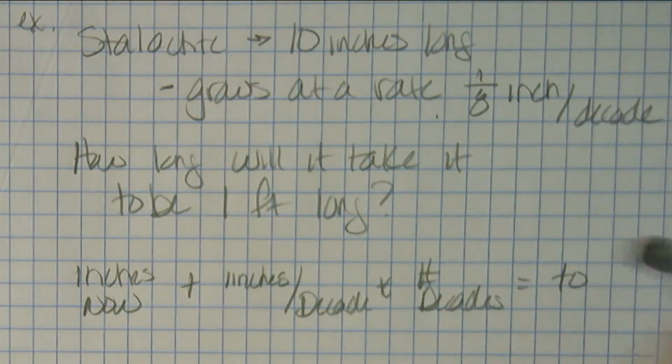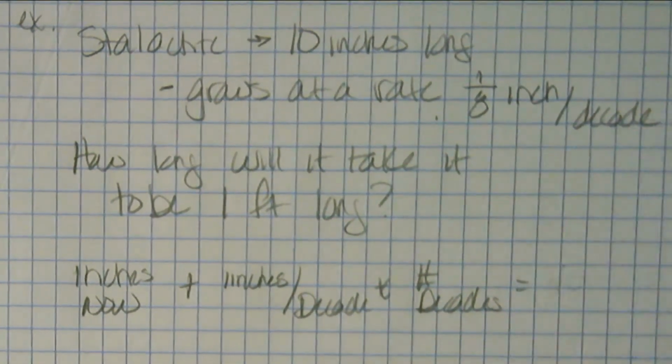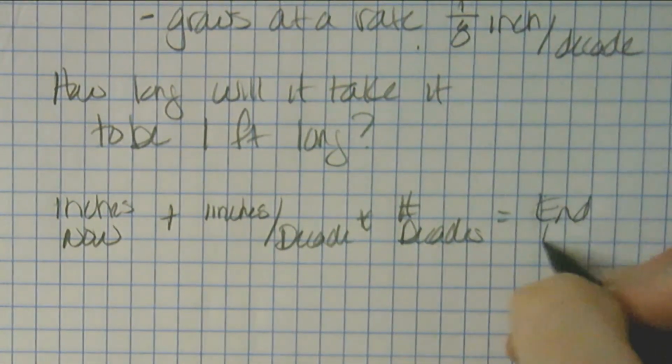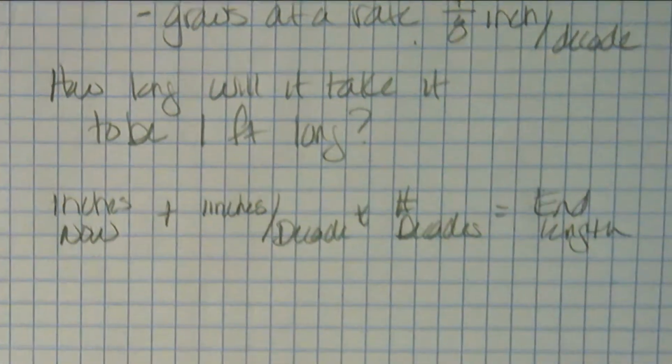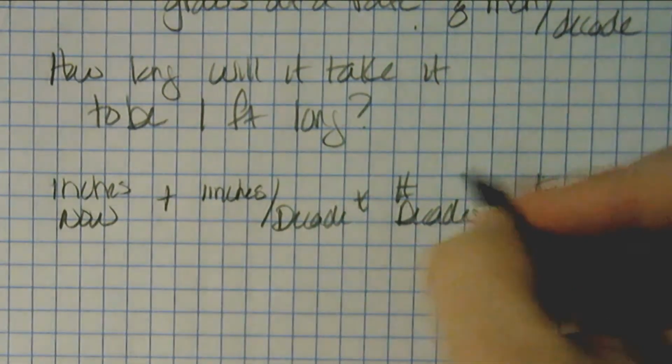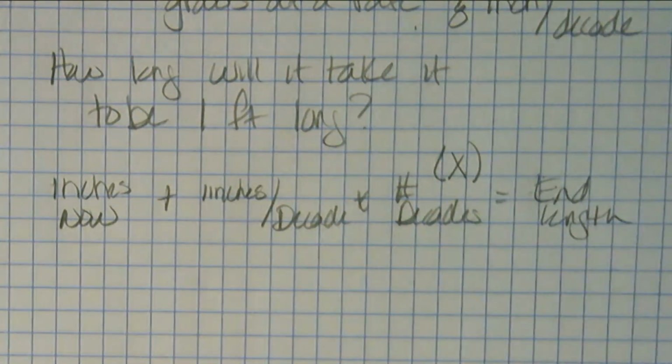The new length, or let's say the desired length, end length, excellent, I like that, end length. How many of you guys are cool with this? Okay, so my number of decades, we don't know that, that's x.